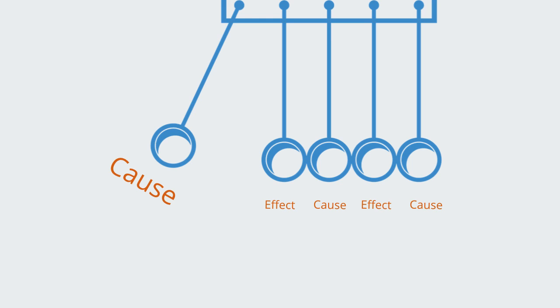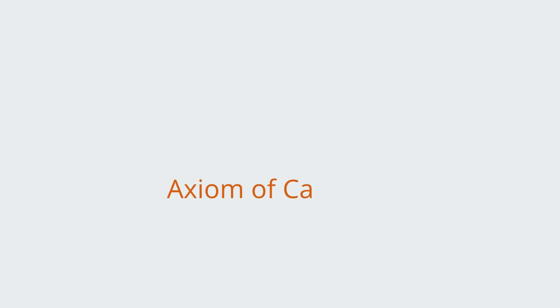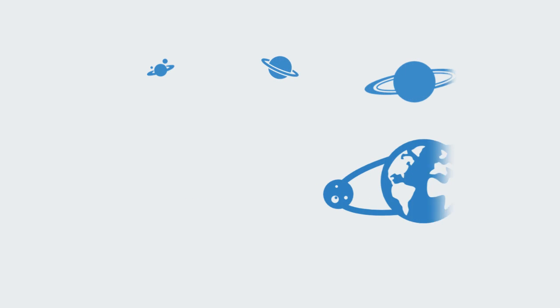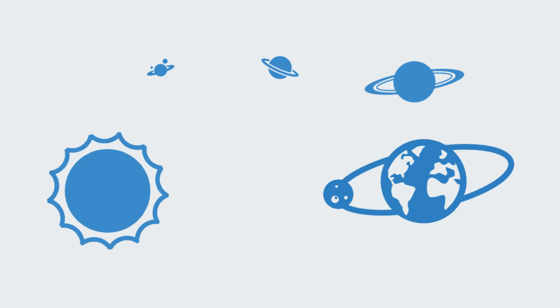The central ideas behind linear causality are captured in what is called the axiom of causality. The axiom of causality is the proposition that everything in the universe has a cause and is thus an effect of that cause. This means that if a given event occurs, then it is the result of a previous related event.